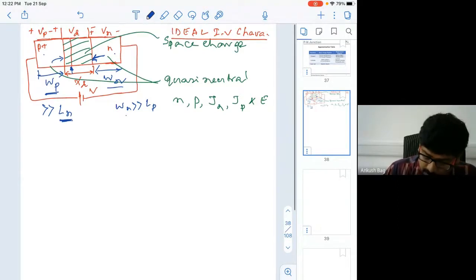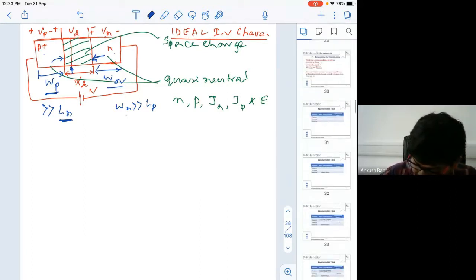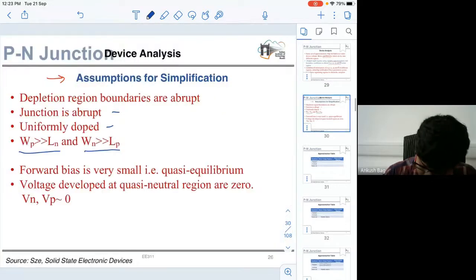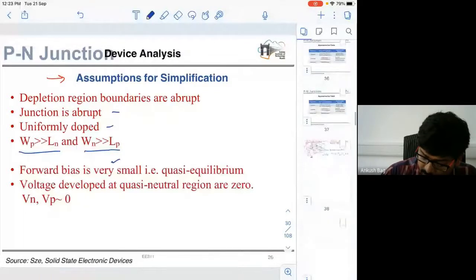So additional two assumptions are this: your forward bias is very small. Okay, what is this? Forward bias is very small. That means, see here we have other two assumptions. So forward bias is very small, and then the voltage developed at quasi-neutral region is 0. So why we are considering, and what is this assumption?